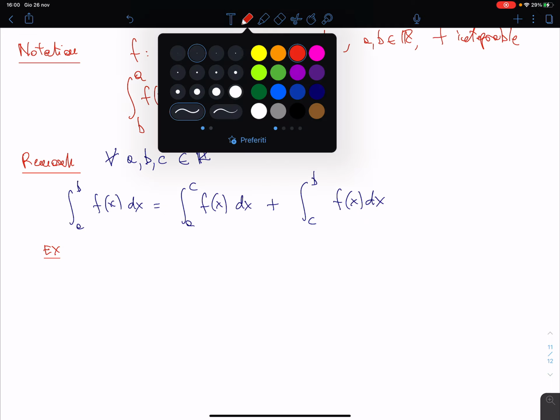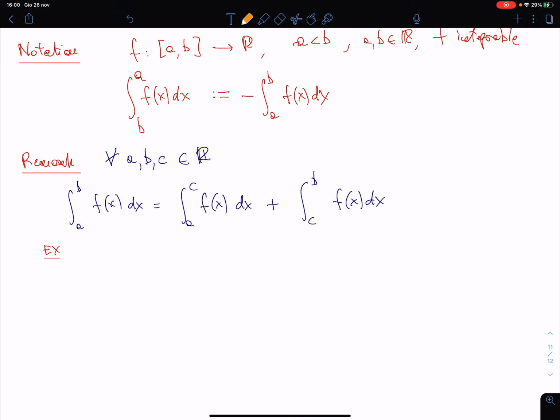As a first example, take, so you in principle should cover every case, but if I show you one case, I think it will be sufficient. Okay?